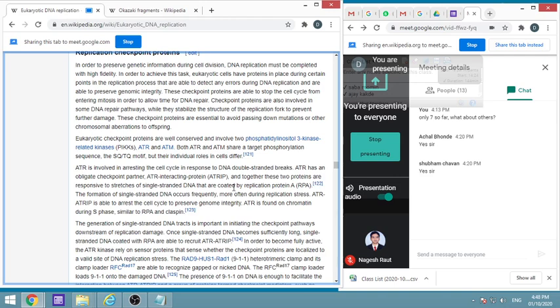So if the repair is not done properly, if the checkpoints are not properly utilized, and if the checkpoints are not checking what has been happening, then it will cause a problem.